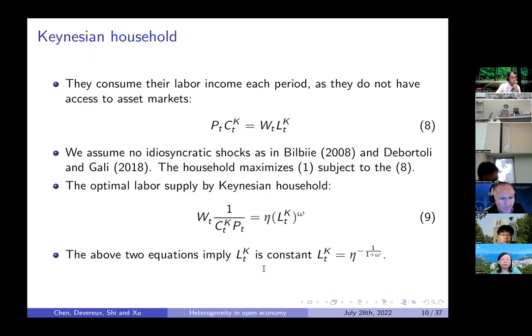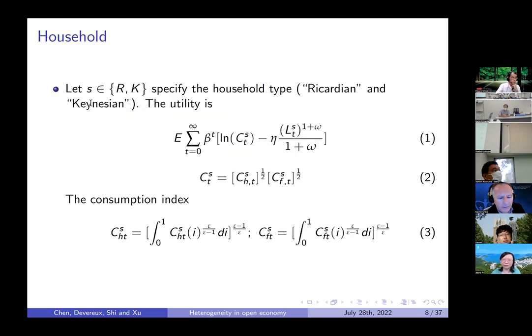Okay. So we have the Keynesian household. Their problem is even easier because they only consume their labor income and they don't have access to the financial market. And for tractability, we are going to assume there's no idiosyncratic shocks as in Bilbiie and Gali. So they are just going to maximize. By the way, the utility function is the same.